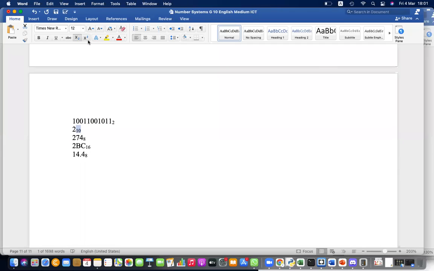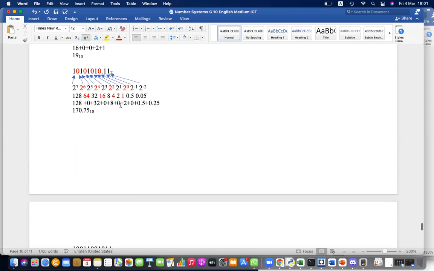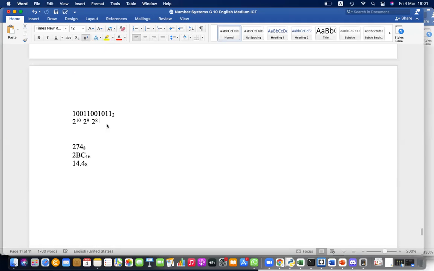So 2 to the power 10, then 9 and 8 are the values, right? 2 to the power 10, 9, 8. Then after that, the traditional set of values, but no minus values. So it has no minus values.